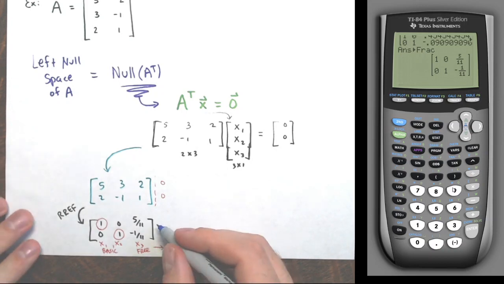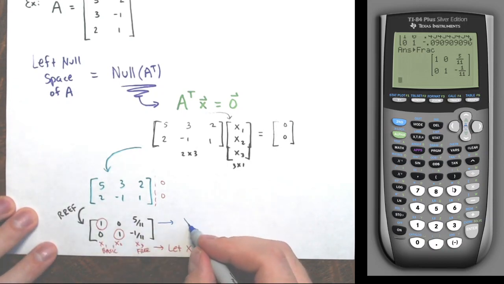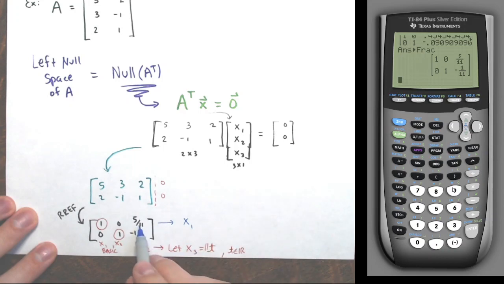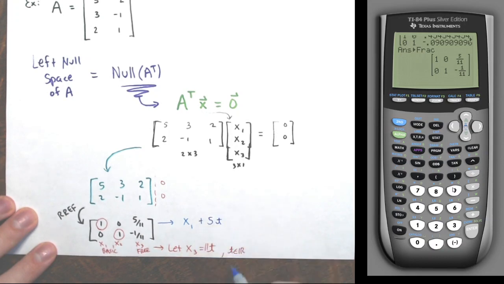That's fine. All right, so from the first row, I'm seeing that we have x1 plus 5 11ths times x3, but that's 5 11ths times 11t. The 11s would cancel. You just have 5t equals 0. All right, and then the value of x1 would be -5 times my choice of the free variable t.